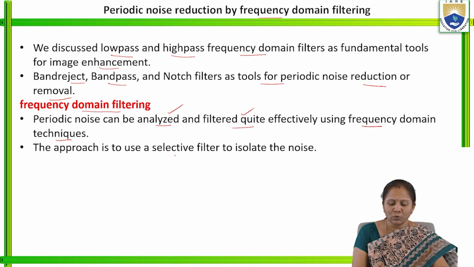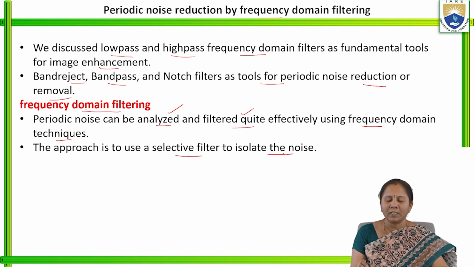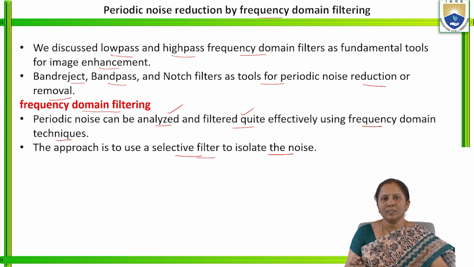So the approach is to use selective filters to isolate the noise. Isolating means removing the noise. We have different types of filters here: band pass filter, band reject filter, and notch filter. A selective filter should be used to remove the noise present in the image.